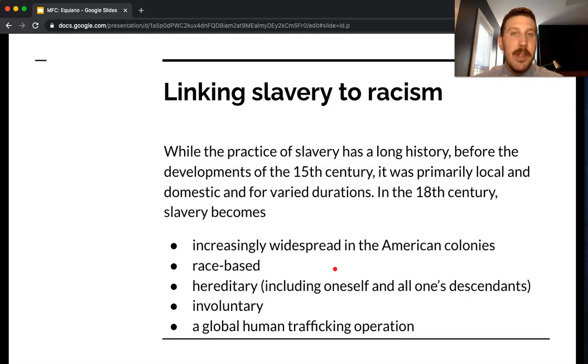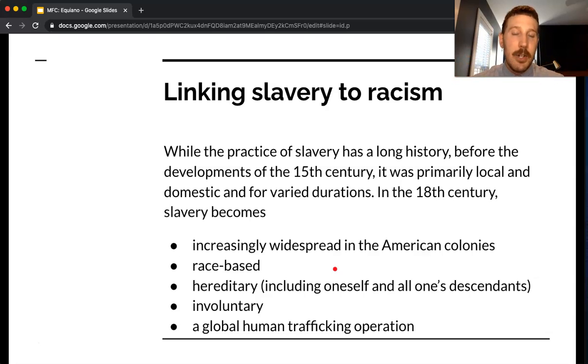But before the developments of the 15th century, when Portuguese traders first began to develop this particular practice, which I'll get to in a minute, it was primarily local and domestic, and for various durations. It could be a period of life, it could be a whole life. It kind of resembled indentured servitude, a concept that people are more familiar with.